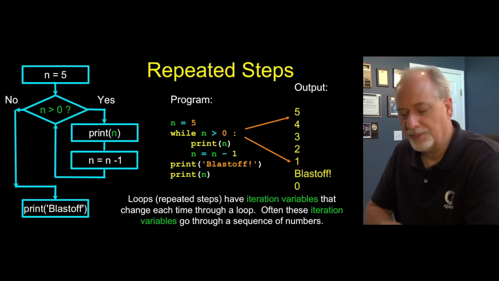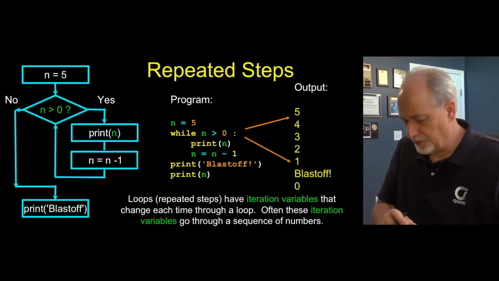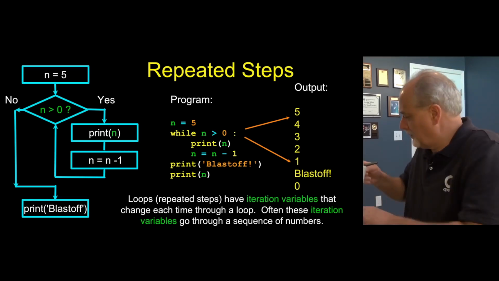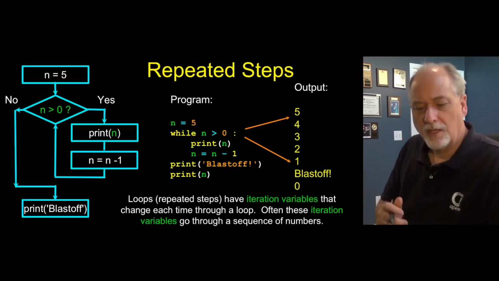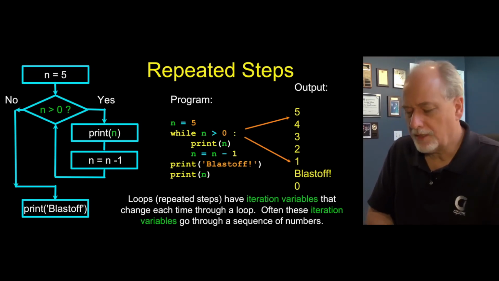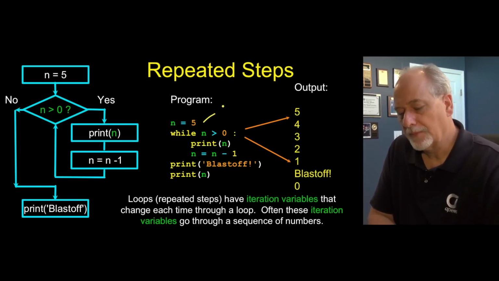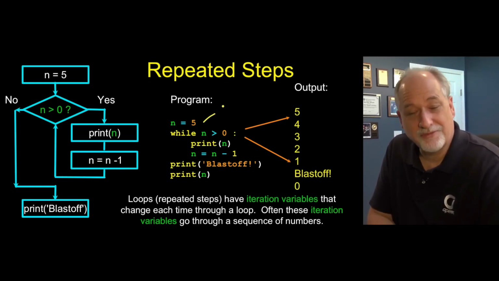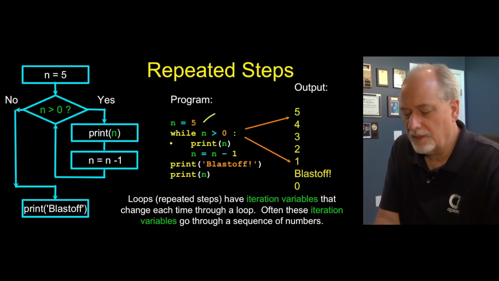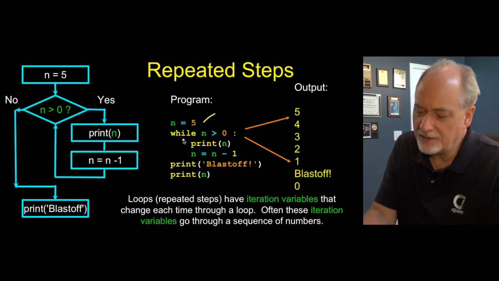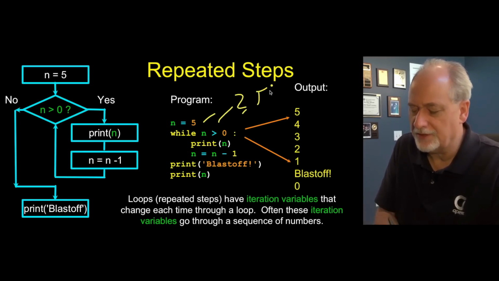So here's a very simple loop. The keyword that we're going to start using is the while loop. We're also going to use for later on. The while loop functions very much like an if statement. The while starts it, and then it's a question that leads to a true or false answer.